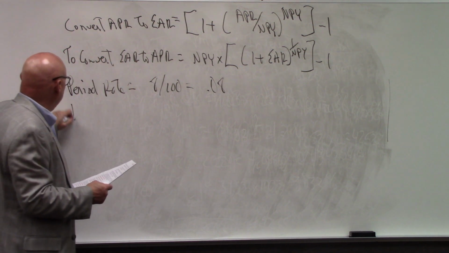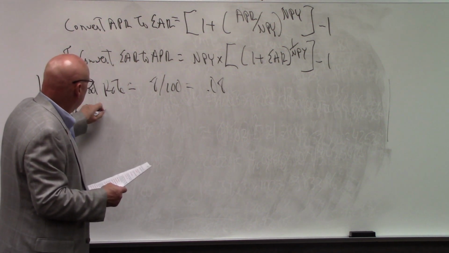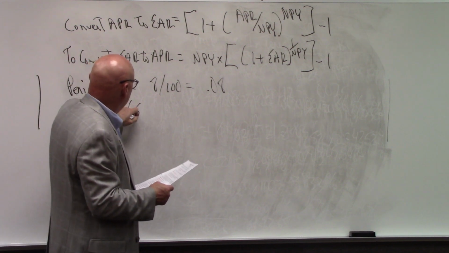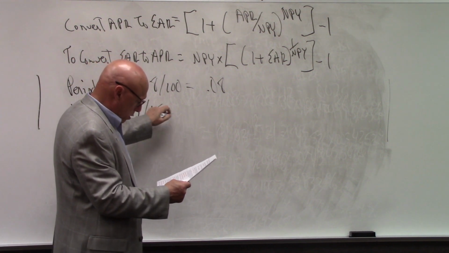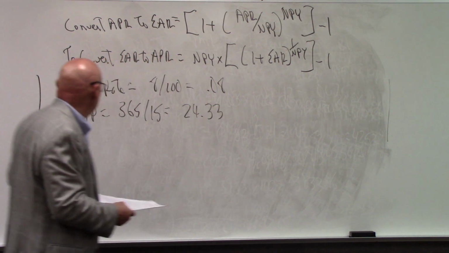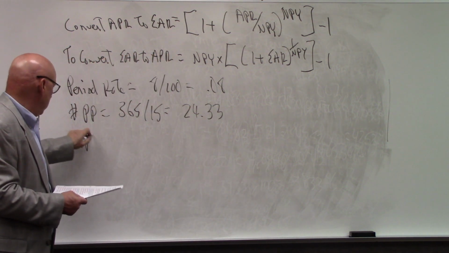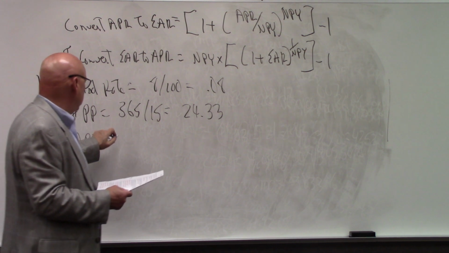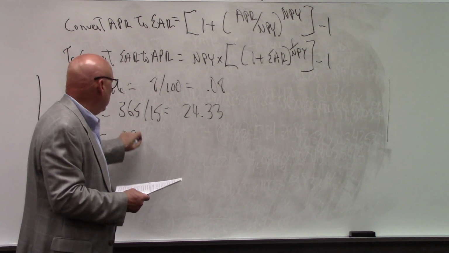The number of pay periods equals 365 divided by 15, which is 24.33.